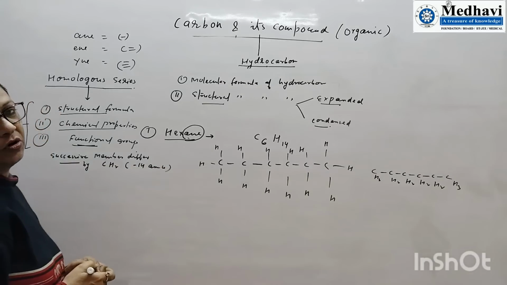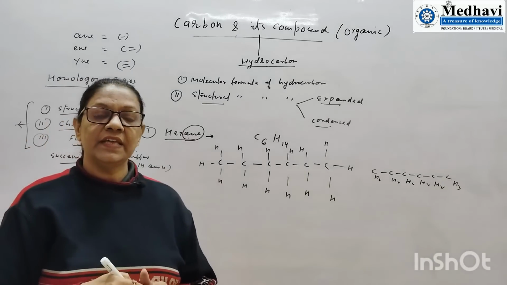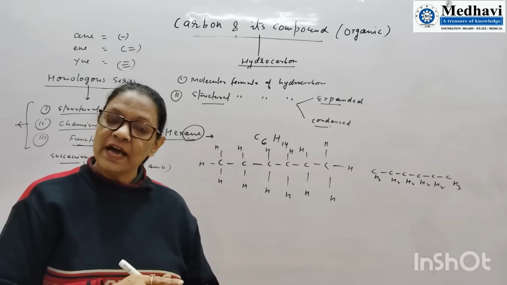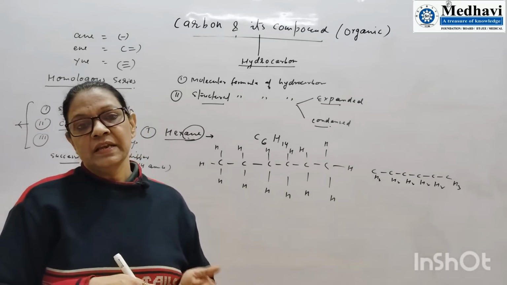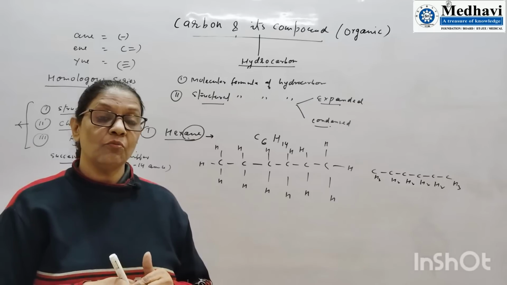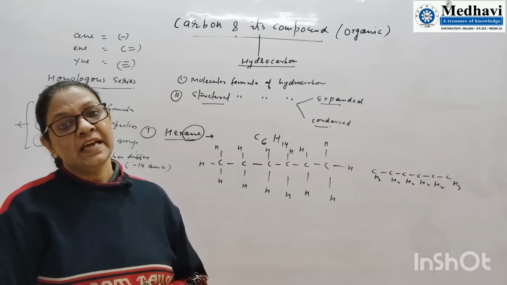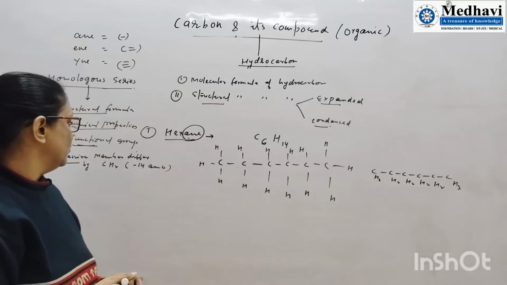That means if we want to find the next homologue of methane, we need to add a CH2 group. The difference between the molecular mass of methane and its next homologue is 14 amu.